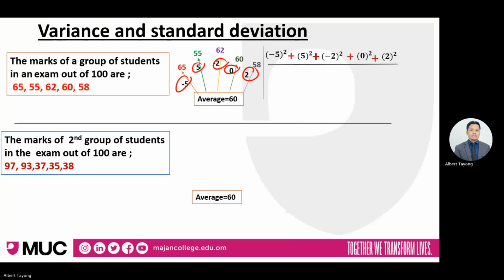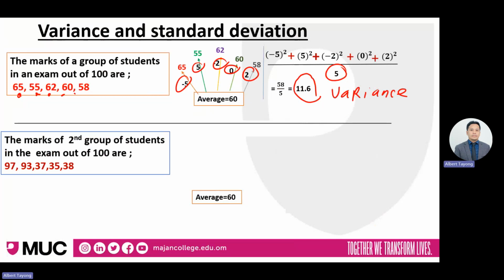Okay? So divide by the number of items, the number of scores. So divide by 5, we're going to get 58 divided by 5 equals 11.6. 11.6 is the variance. Okay.